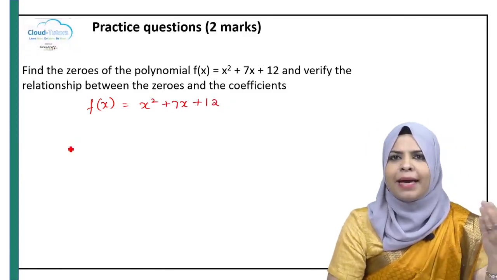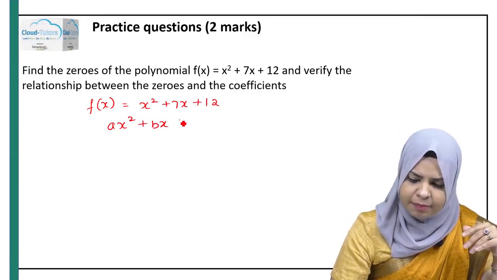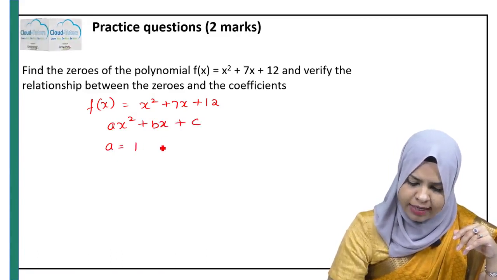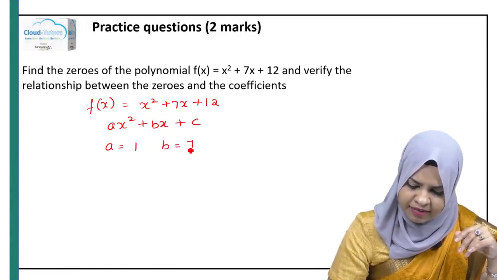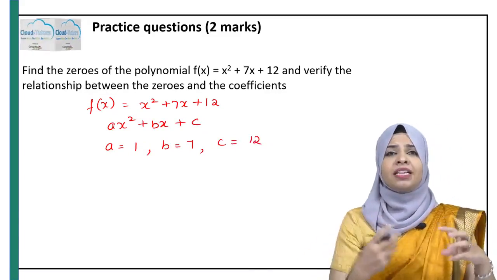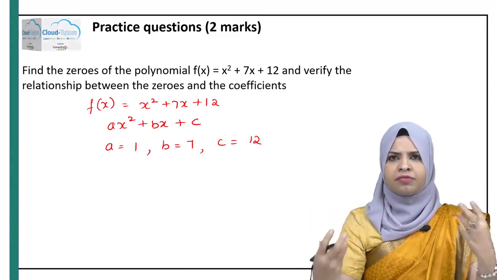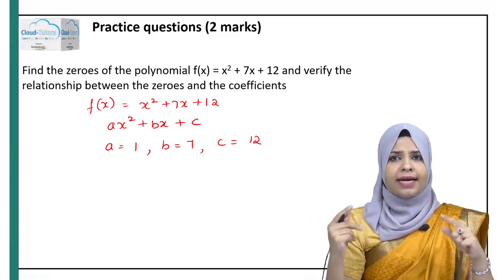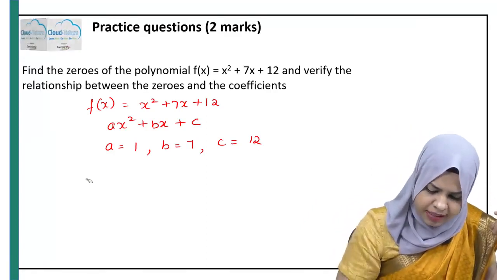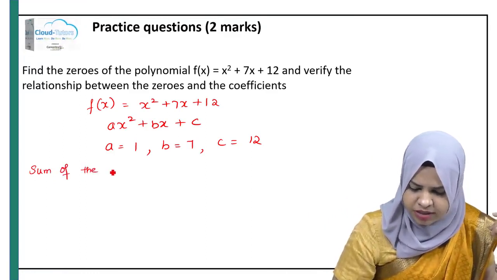Now again, comparing it to the generic form, ax square plus bx plus c, where a value is 1, b value is 7 and c value is 12. Now we have to verify the relationship between the zeros and the coefficients. So how can we find it? For that, let's find the relationship, that is sum of the roots. What is sum of the roots?